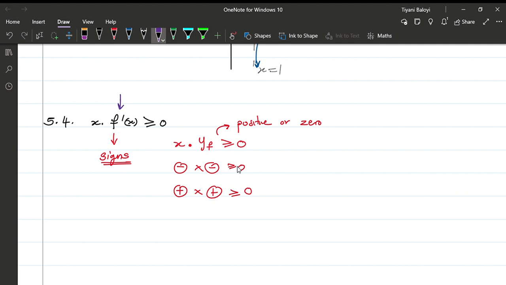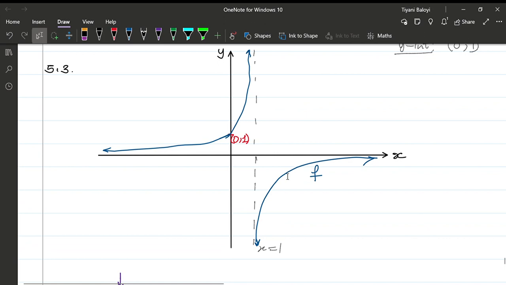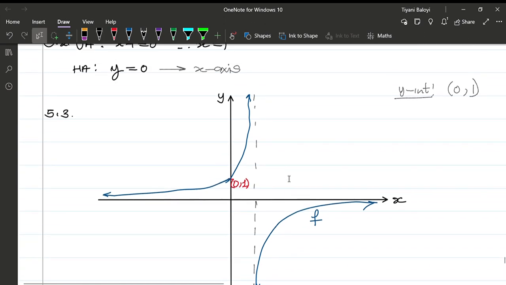No. You look at your graph. So there's something called a decreasing or increasing function. We know that gradient is equal to what? Change in y over change in x, right?